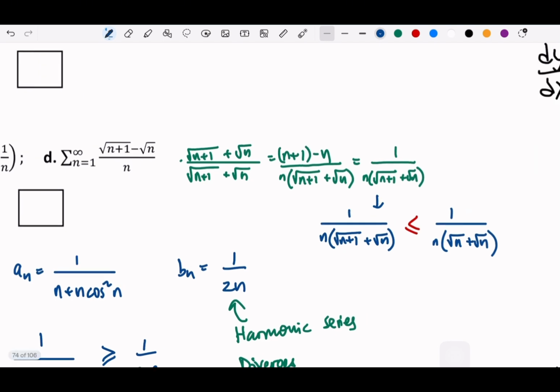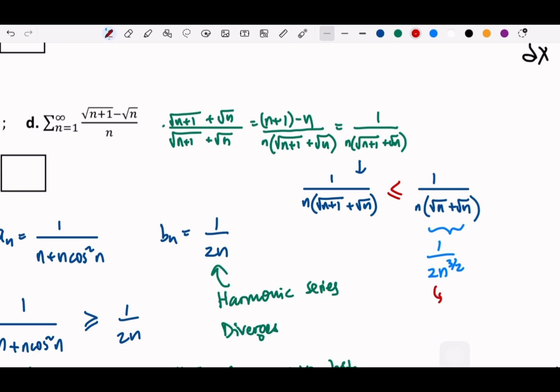And this form is 1 over 2n with 3 over 2 as the power, right? Which means that we can use the p-series. Through the p-series, this is greater than 1, which means that this converges.